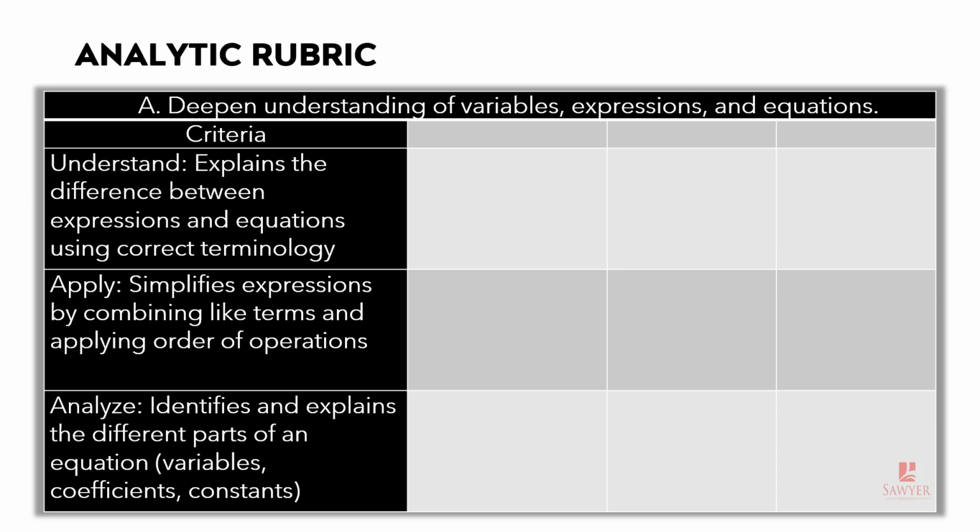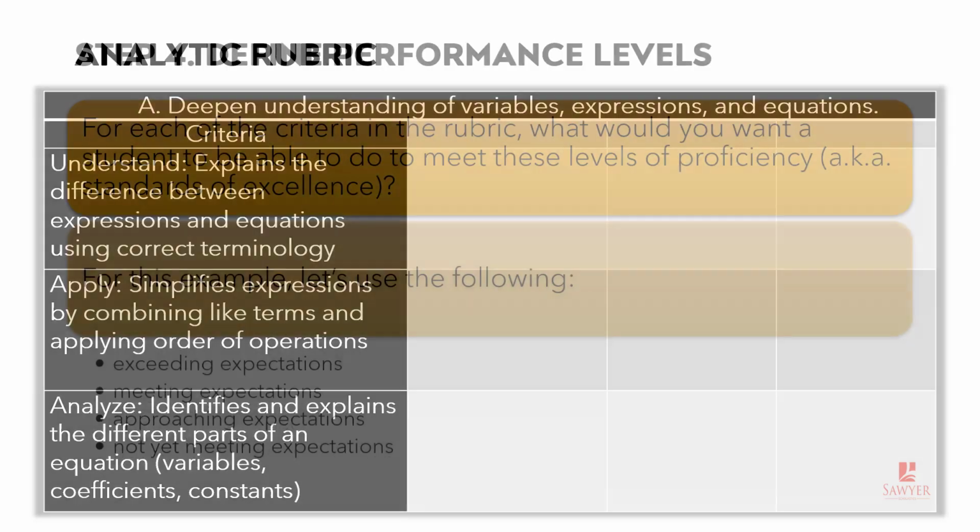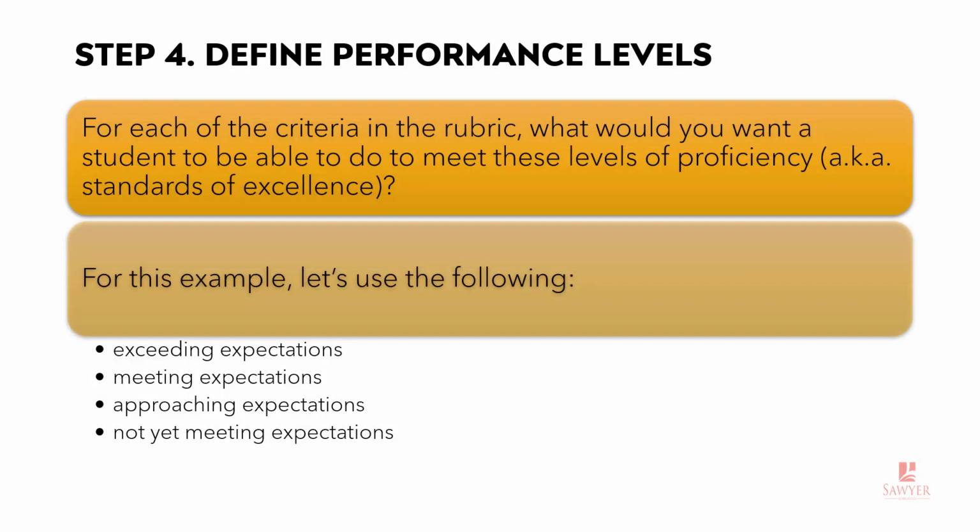See? So when it comes to what our outcome is, the outcome is at the very top: deepen understanding of variables, expressions, and equations. Our criteria are over on the left. And then for this example, we can use exceeding expectations, meeting expectations, approaching expectations, and not yet meeting expectations.